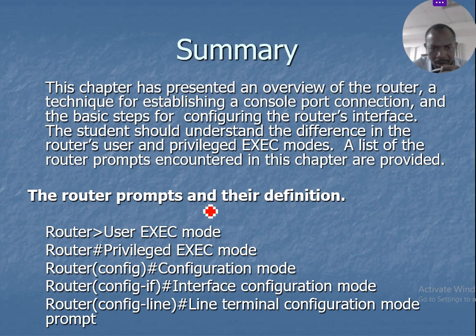In 7.3, we looked at how to configure the user execute mode. 7.4 was the privileged execute mode of the router. 7.5 was configuring the network interfaces. 7.6 was troubleshooting the router, and 7.7 is the summary itself.